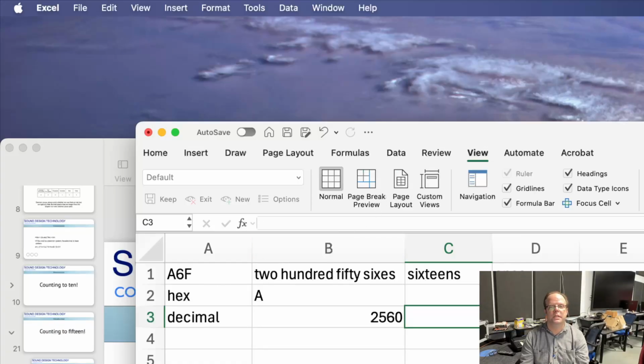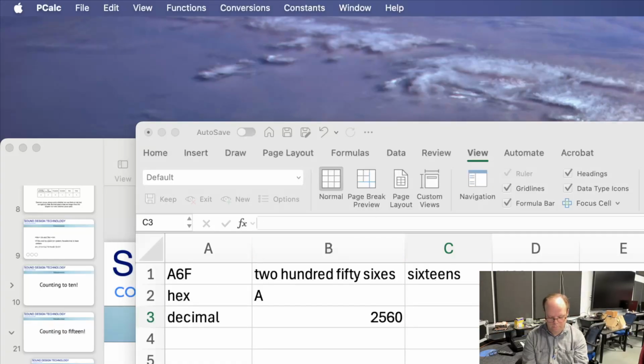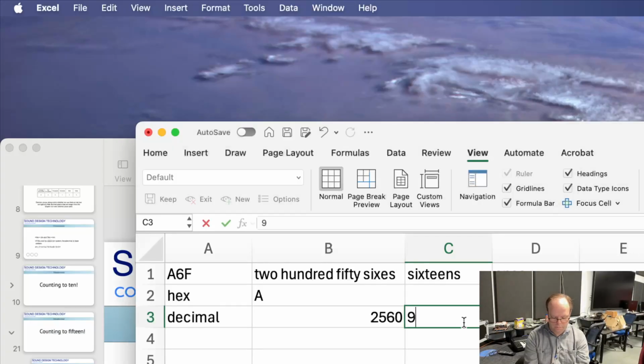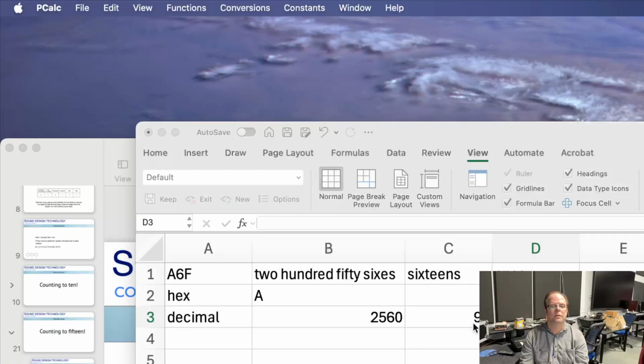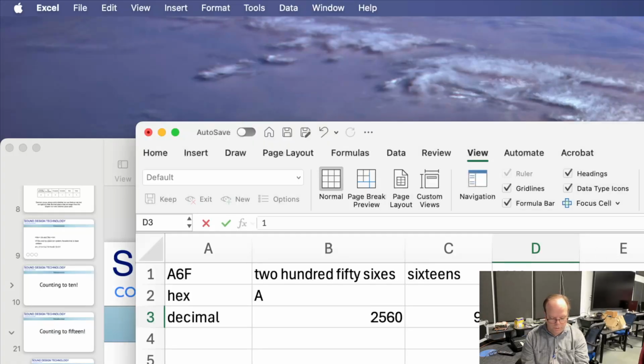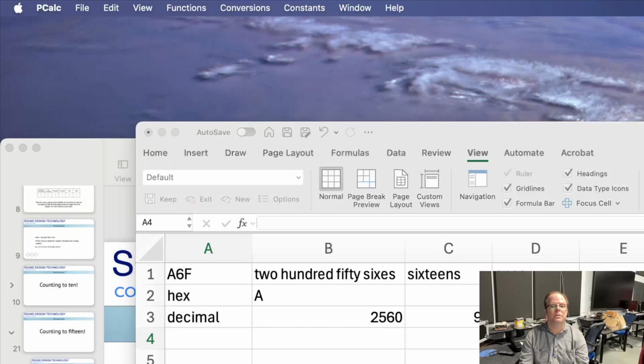What are 6 16s? 6 times 16 is 96. And the F stands for 15, right? 15 ones, so 15. Great. So it's 2,560 plus 96 plus 15.